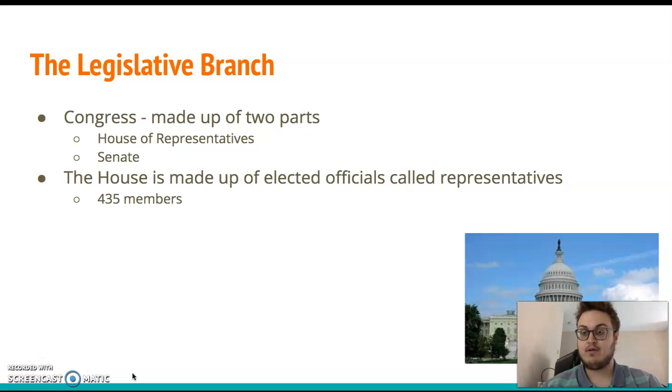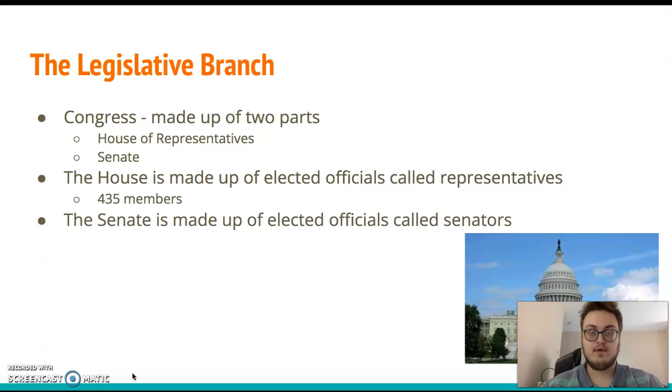So states with higher populations will have more representatives than states with lower populations. A state like Ohio would have fewer members of the House of Representatives than, say, California, which has a higher population than Ohio.